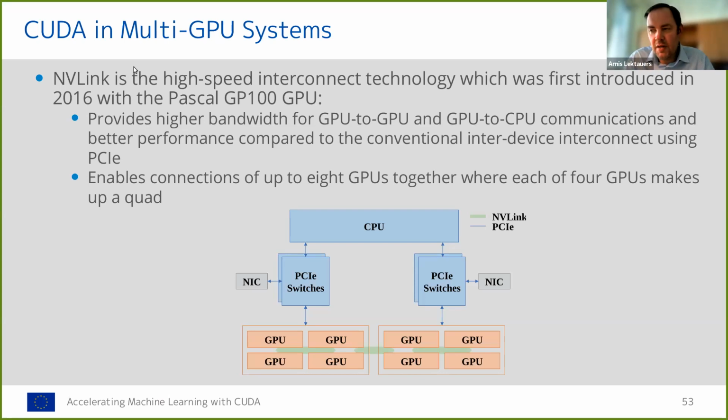Of course, usage of CUDA on one GPU is just one part of working with CUDA. In more complex solutions on the server side, in data centers, usually we have to work with multi-GPU solutions.